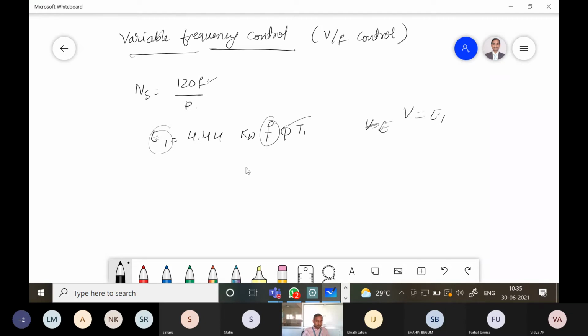Therefore, in order to avoid saturation and minimize the losses of the motor, operated at the rated air gap flux by varying the terminal voltage with the frequency, we maintain the V by F ratio constant at the rated value.